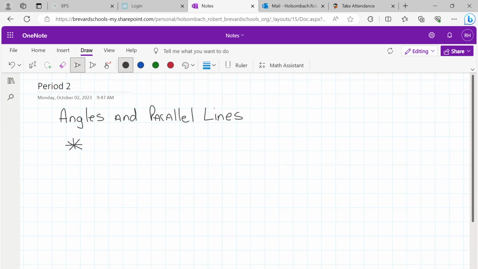Super important rule here, 4 rules actually. And for all 4 of these rules, they start the same with: if two parallel lines are cut by a transversal.